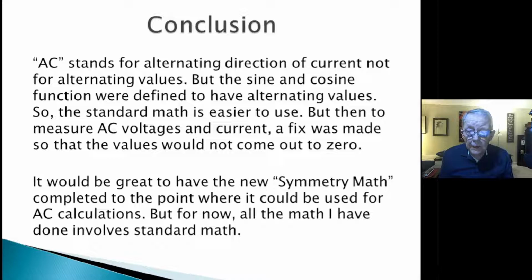There are no negative particles in the particle model. The value of the particle is never negative. Its charge is not negative. It's just a particle. And so a negative is supposed to represent direction, not value.